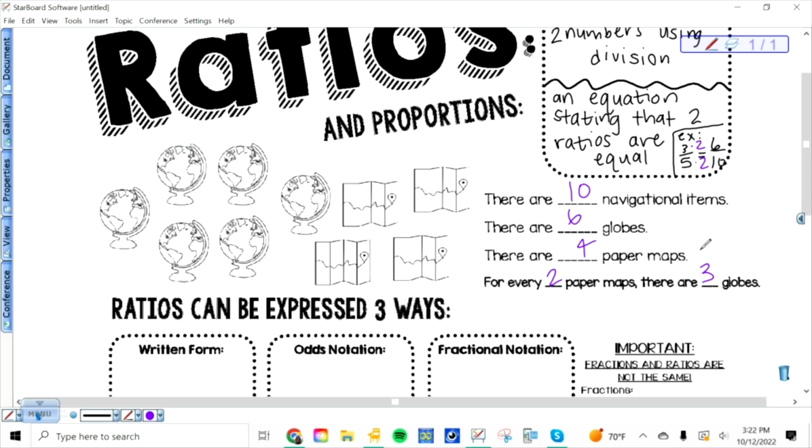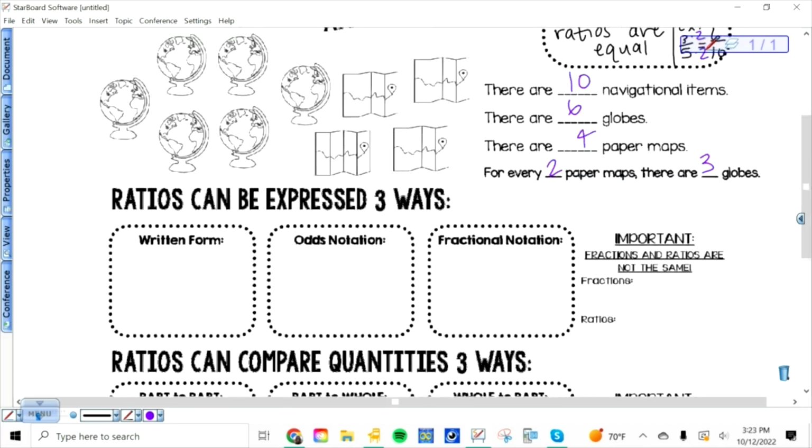Cool. So we can write ratios in a bunch of different ways. We can write them out, right? So we could say something like maps to globes. Or we could say 2 to 3.